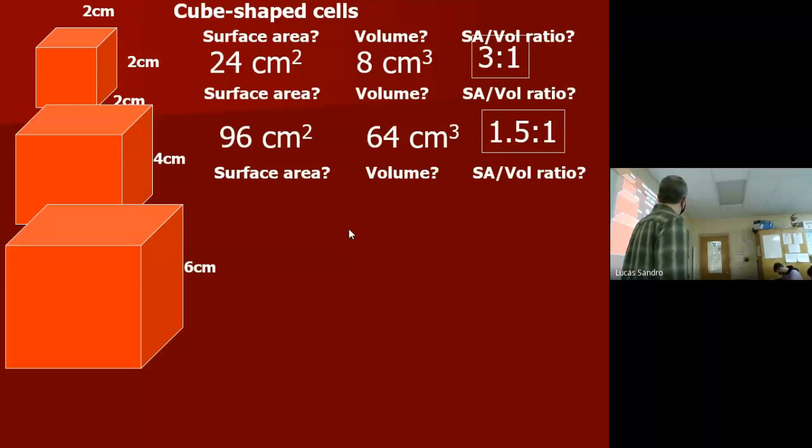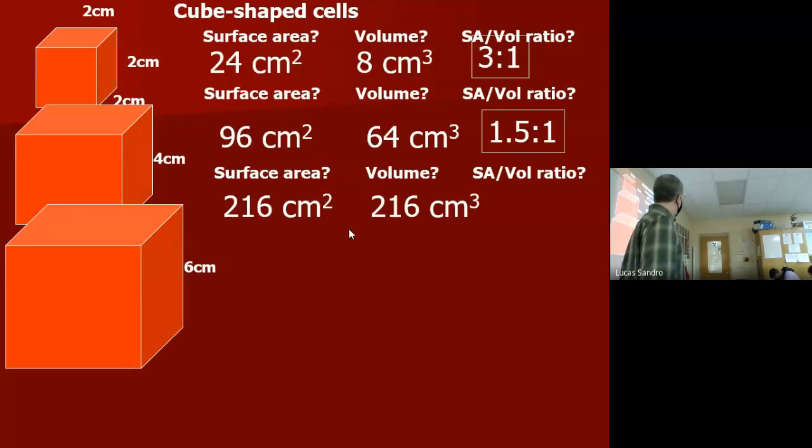Awesome. Then, if you did the math right on the last one, the ratio was the easiest because 6s squared, plugging 6 in as s, 6 times 6 is 36 times 6 is, nice, 216. And that's also what s cubed is, right? 6 times 6 times 6, 216 centimeters cubed.